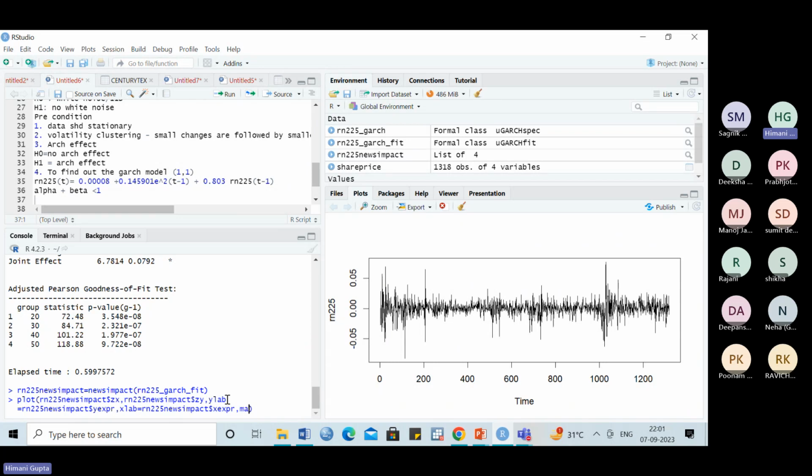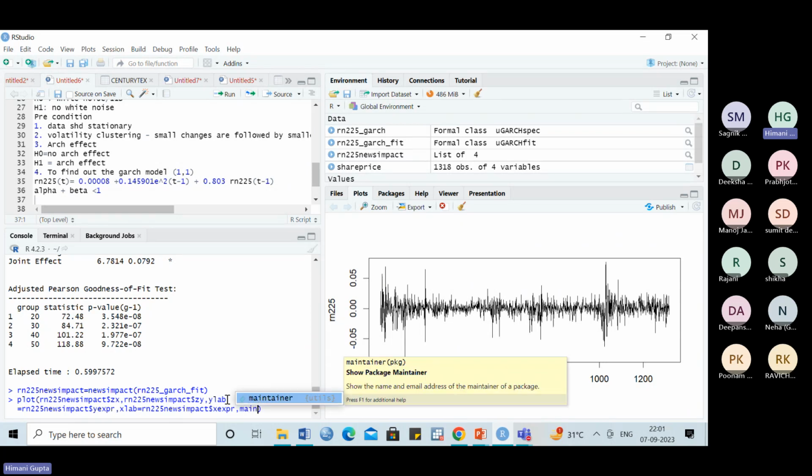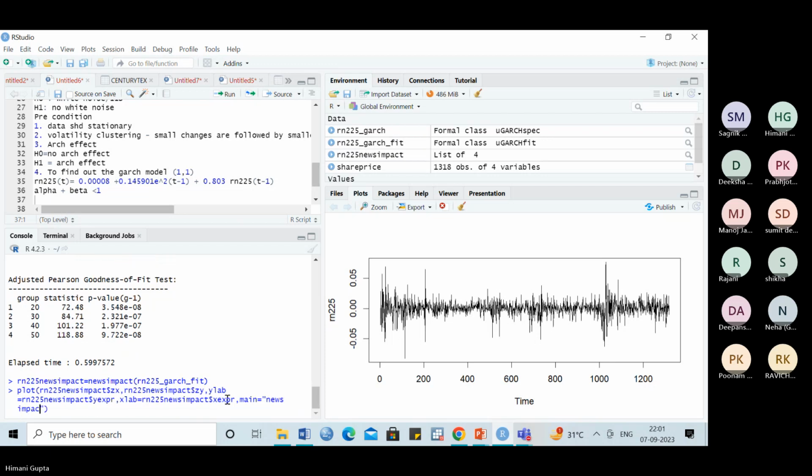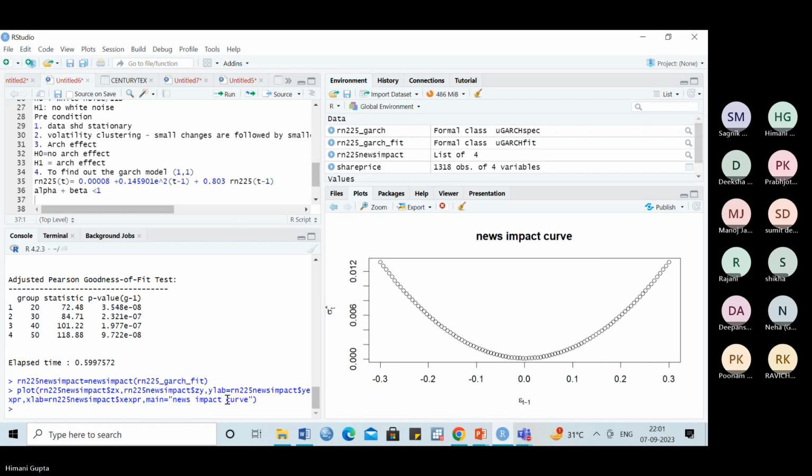Whenever in any command you are writing main, main means what heading you want to give. So I want to give the news impact curve. So I'm giving this command. Now see over here, your news impact curve is generated.